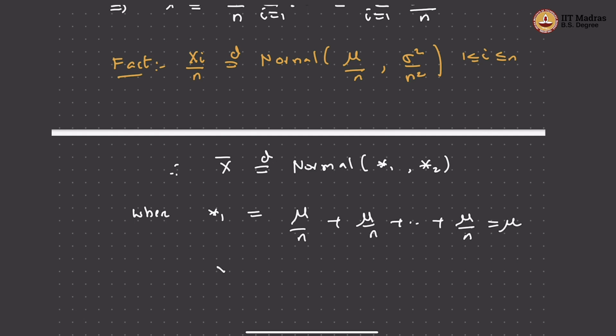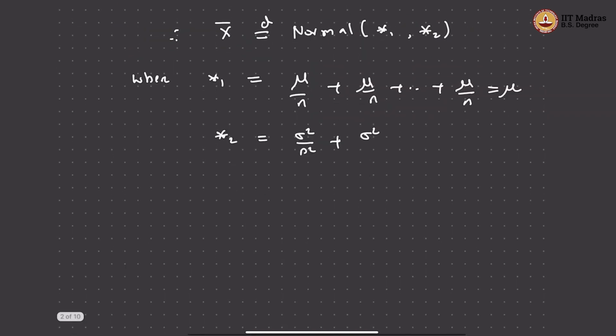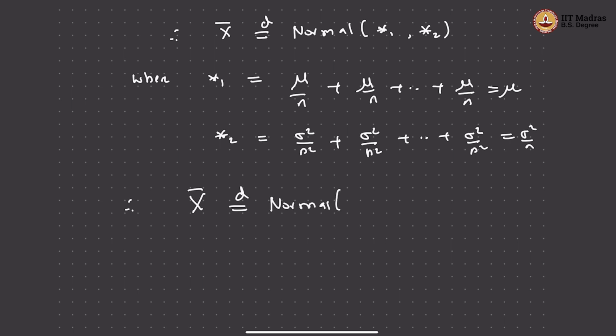And the variance will also add up. So sigma squared by n squared plus sigma squared by n squared, all the way to sigma squared by n squared, I'll get sigma squared by n. So we find that the distribution of x bar is just normal with mean mu and variance sigma squared by n.